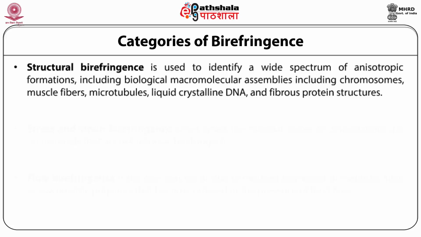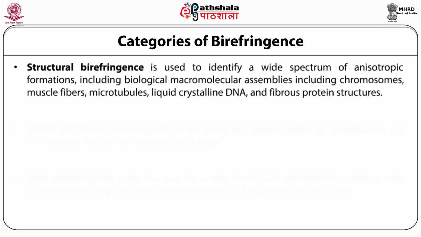The naturally occurring materials with asymmetry in direction dependent refractive index are referred to as having intrinsic birefringence. These materials include many anisotropic, natural and synthetic crystals, minerals and chemicals.